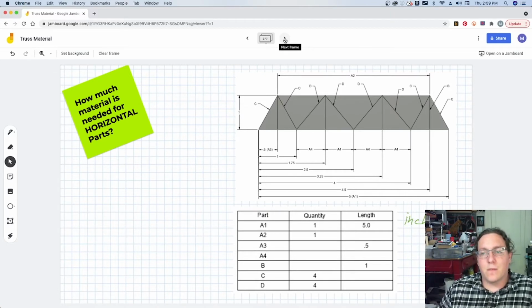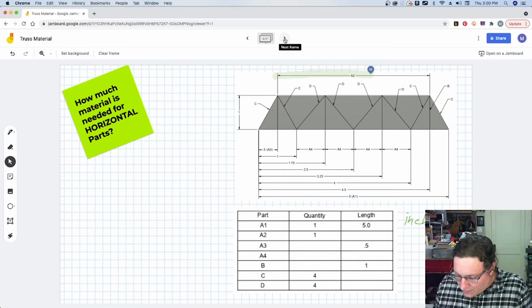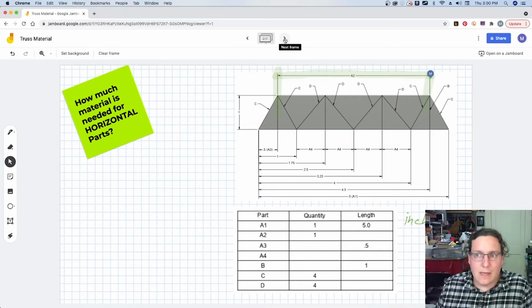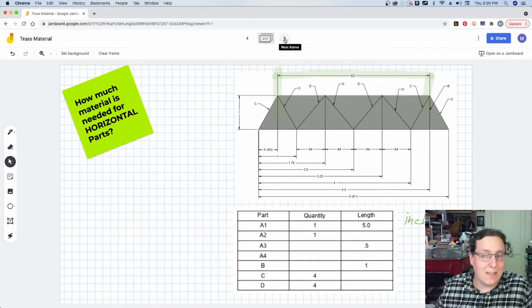But from there, we can then look at A2. Now, A2 is a little bit different. We'll notice that it's going kind of the entire distance from the first vertical line to the last vertical line. And while we do not have any measurements directly below it, we don't have any measurements on the left side that go all the way to the right side of it.